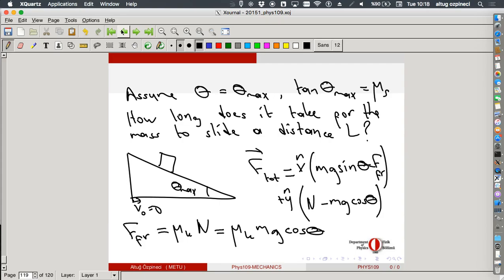Well, you see, what we are actually doing is theta is equal to theta max. If theta is exactly equal to theta max, it will not slide. Say theta is theta max plus 10 to the power minus 9 degrees, for example. But that doesn't change any of the calculation. That's a very good approximation.